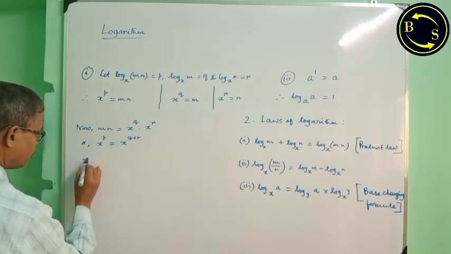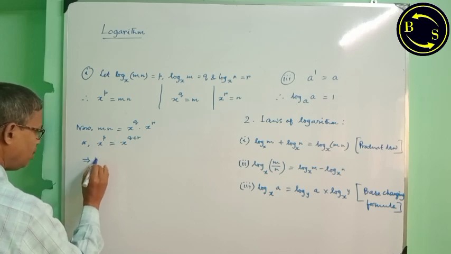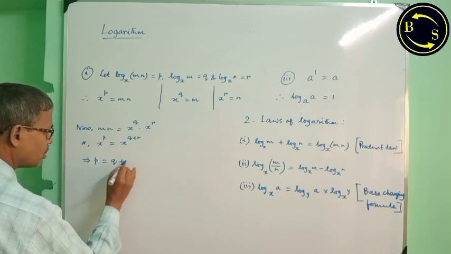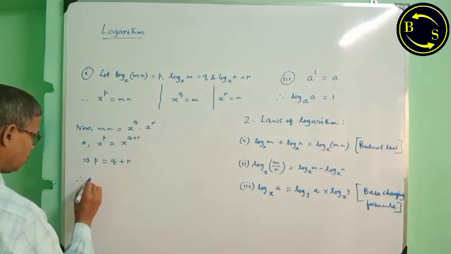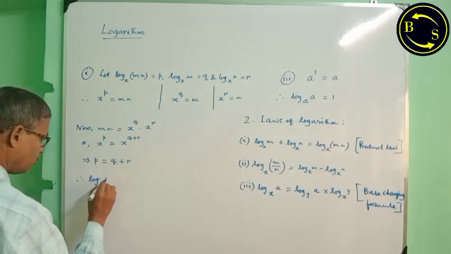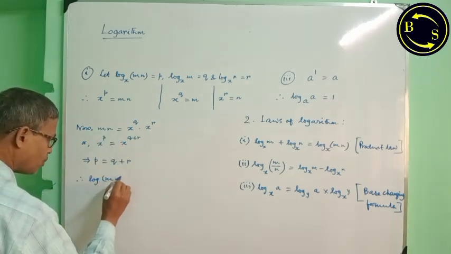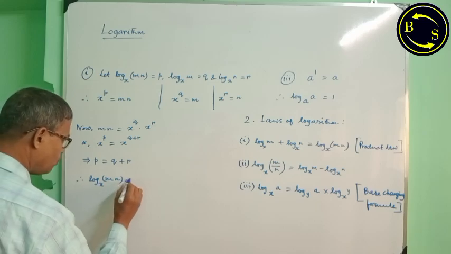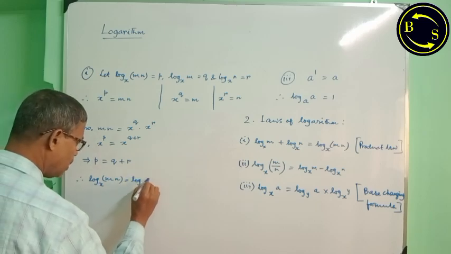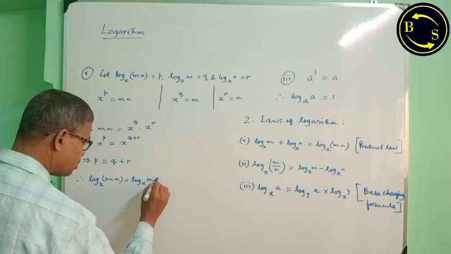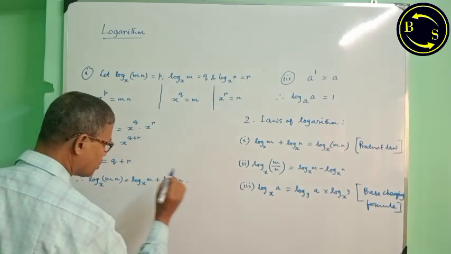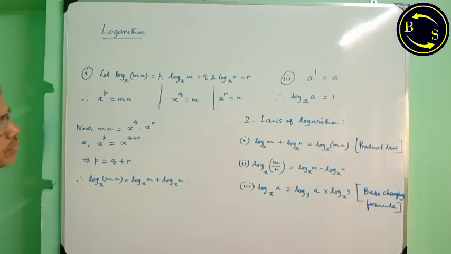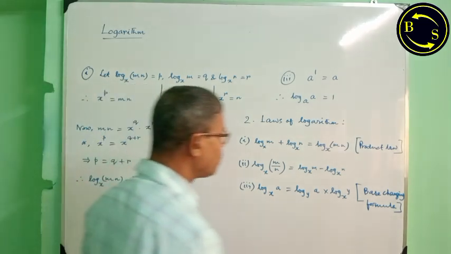Therefore, from it we get p equal to q plus r. Therefore, putting the values of q and r, we get log of mn to the base x is equal to log of m to the base x plus log n to the base x. Similarly, you can prove this one.